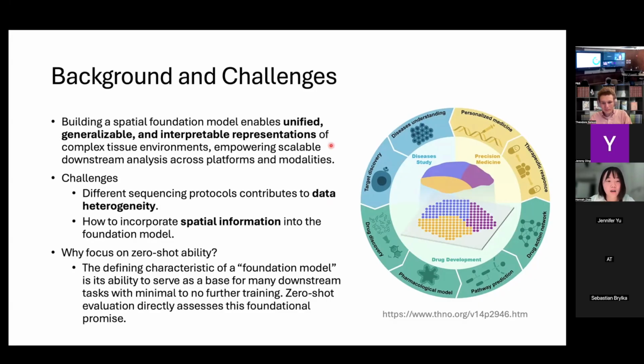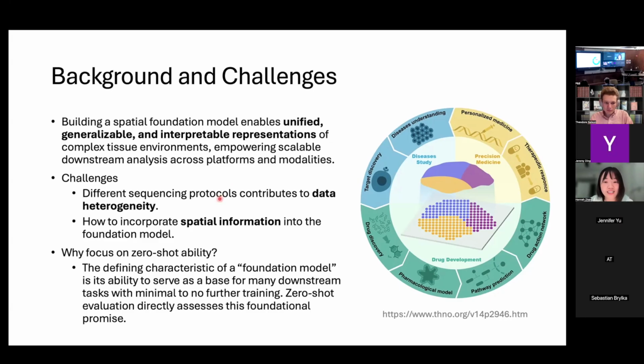There are two major challenges to building a spatial foundation model. The first, I think, is data heterogeneity. Because we use different sequencing protocols, the data may be a lot different from each other. For example, Visium is at the spot level, but it can give you a whole transcriptome.